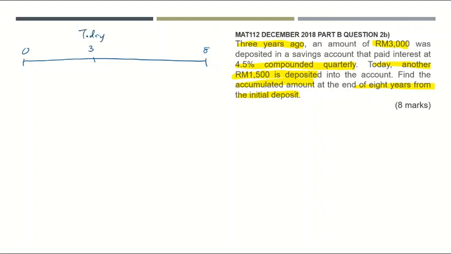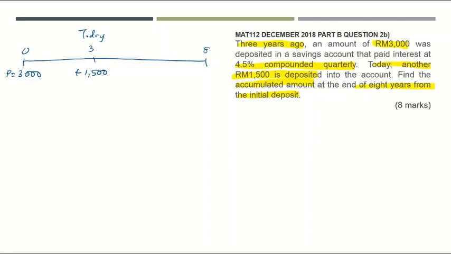So 3 years ago he deposited RM 3000, so you have P over here equal to 3000. Today another 1500 is deposited, so today you add another 1500.